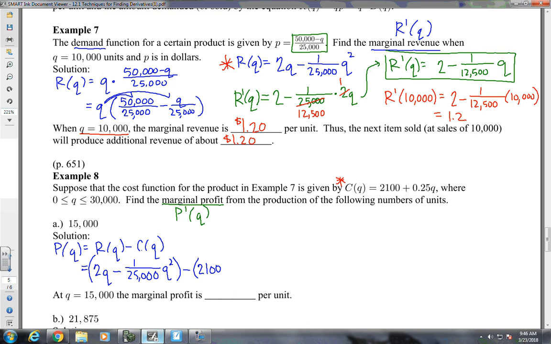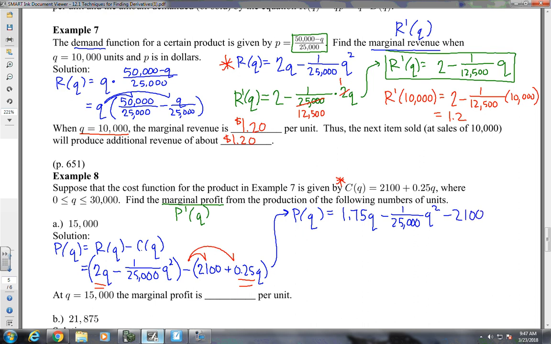That's 2,100 plus 0.25Q. So in simplifying our profit function, we need to distribute this negative to each term and combine like terms. Notice after I distribute that negative, I'm going to have like terms here and here. We'll have 2 minus 0.25Q. We can simplify that as 1.75Q. We'll write our negative 1 over 25,000 Q squared next. And then don't forget we had that minus 2,100.